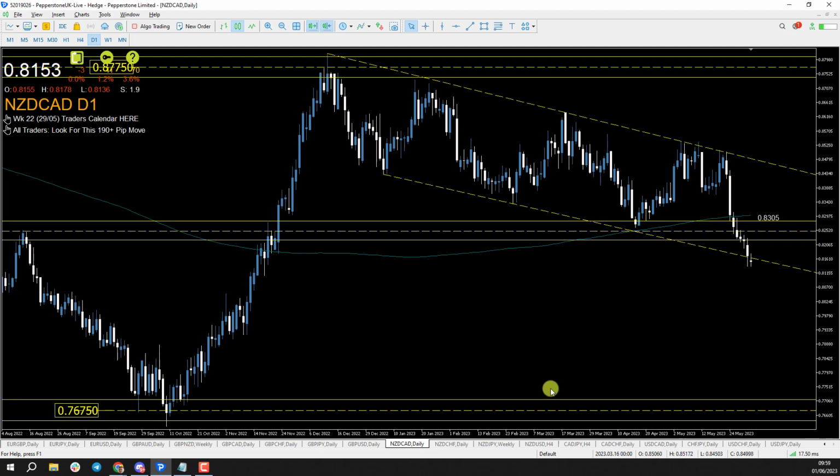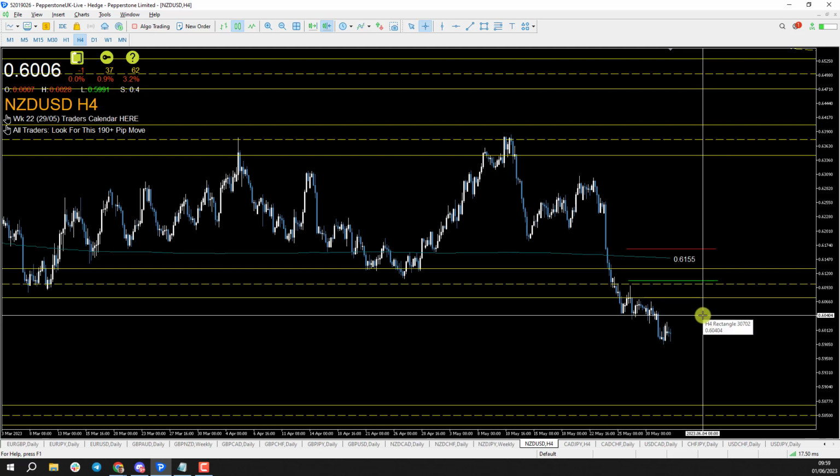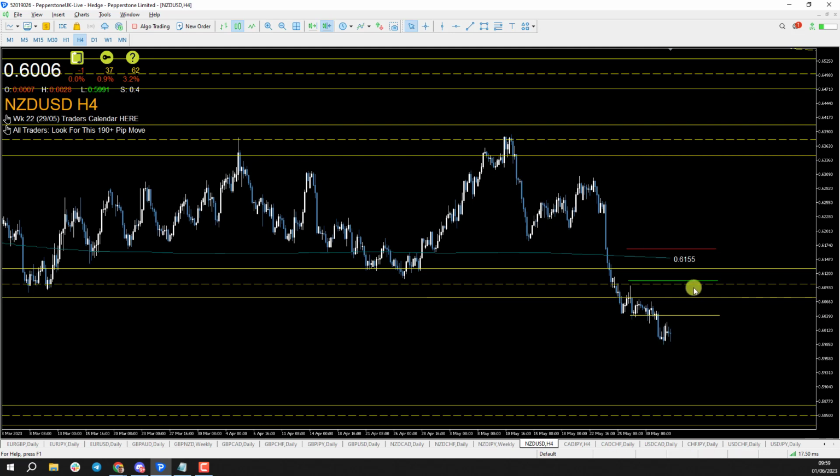Now, we did talk about Kiwi US dollar yesterday. We talked about getting short at the 0.6040 level with two recommended stop losses. The first stop loss is a minimum stop loss, and the second stop loss is a max stop loss.